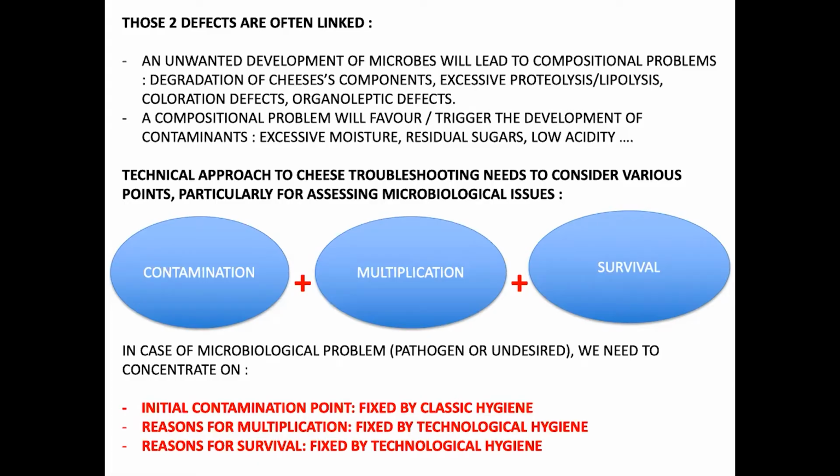So do not think that the classic hygiene, spending your time brushing the floor every day, drinking a glass of chlorine and so on, will fix everything. This fixes only the contamination point. But if you do not focus on the multiplication and the survival ability, which is controlled by the technology, if you do not control what you do, in this case, you will have the problem.